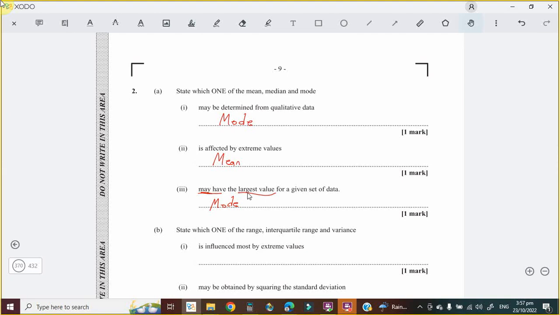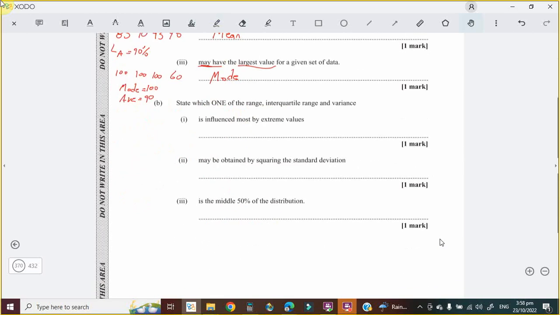Lamar can get 85, 90, 95, and 90 on his tests, and average 90. Let me write it so we see. Lamar gets 85, 90, 95, and 90. This will give Lamar an average of 90. But Israel can get 100, 100, 100, and 60. Israel's mode is the highest value in the data set, but his average is what? 90. See it? Cool?